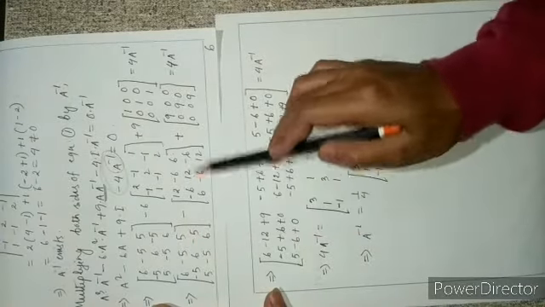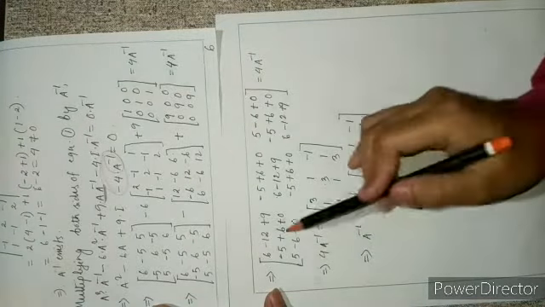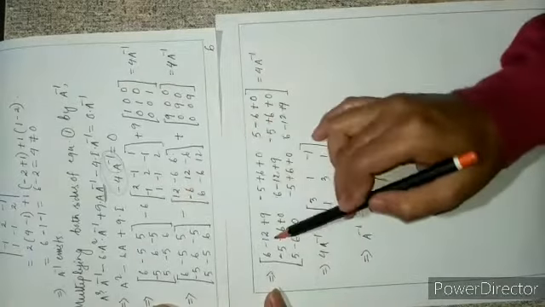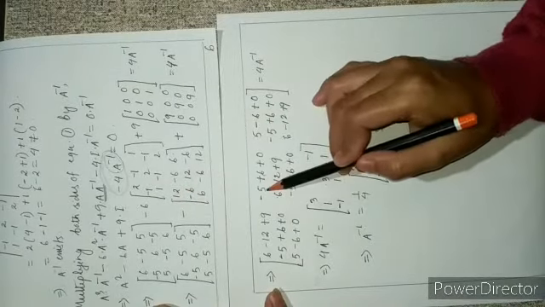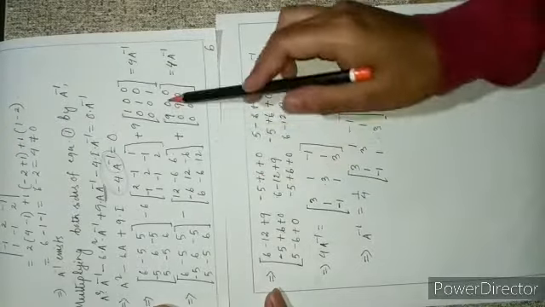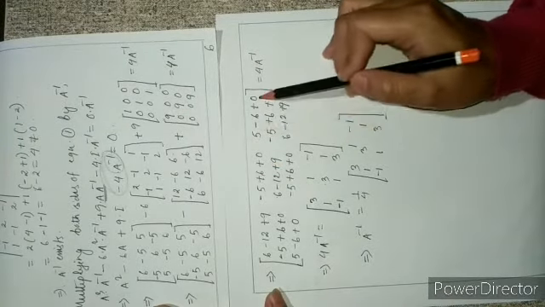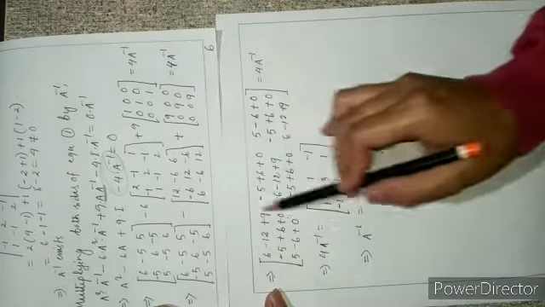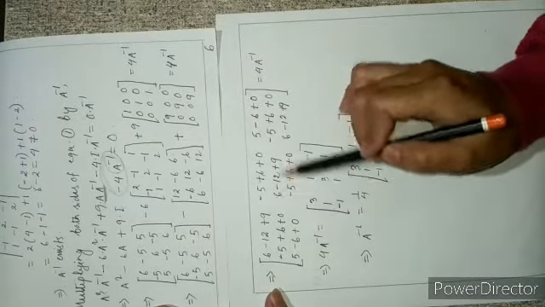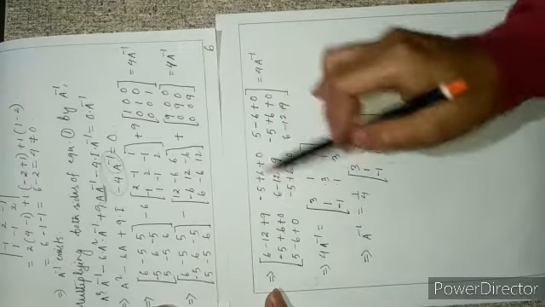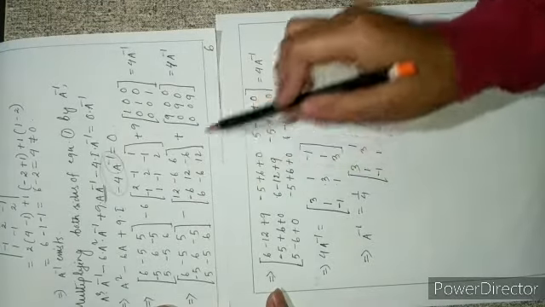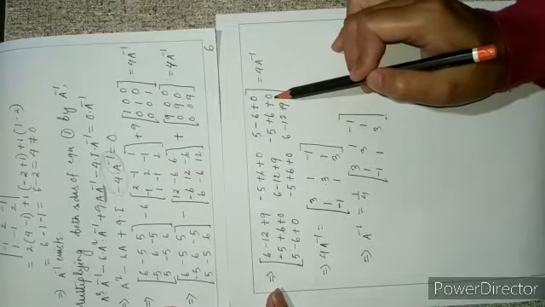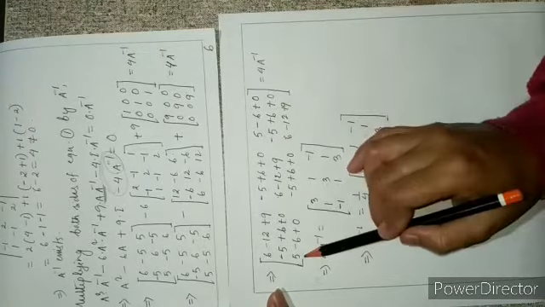For A square, we write the matrix. Now 6 times the corresponding element: minus 12 plus 9 minus 5, corresponding element minus minus plus 6, and plus 0, and 5 minus 6 plus 0 minus 5, corresponding element minus minus plus 0. 6 minus 12 plus 9 minus 5, minus minus plus 6, corresponding element of the last matrix is 0, 5.